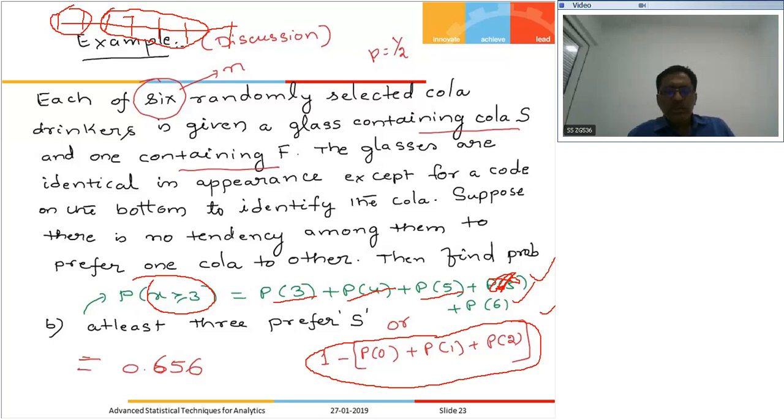If from the total probability we remove this small probability, then we get it. That is nothing but P of 0. I think one more is missing here. Sorry, something happened. This is 0, this is 1, this is 2, 3, 4, 5, 6. I think there was some error while explaining.